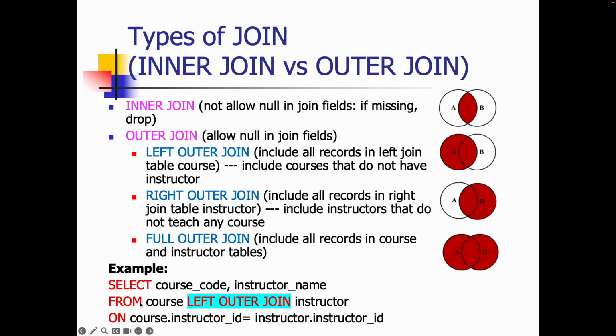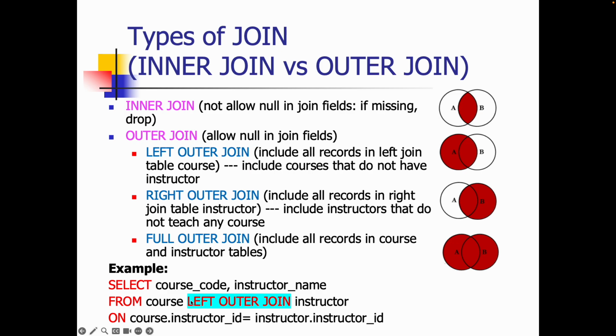It's on the left side of the join, and this is your right table. And we said the left join returns everything from the left table. So in this case, it returns all the courses, even if they don't have any instructor, even if the instructor value is null. If you used inner join, it only returns wherever there is a match or a value in both tables and doesn't include the nulls.